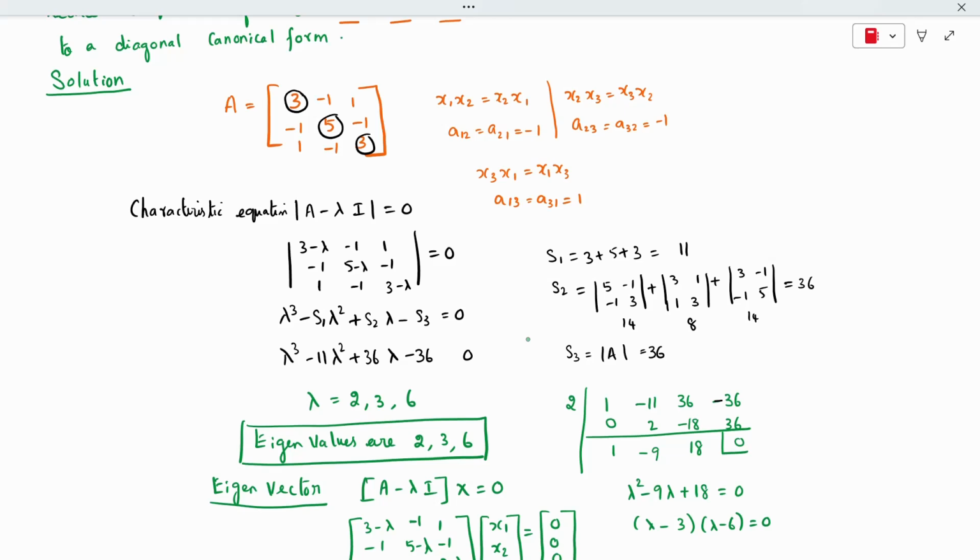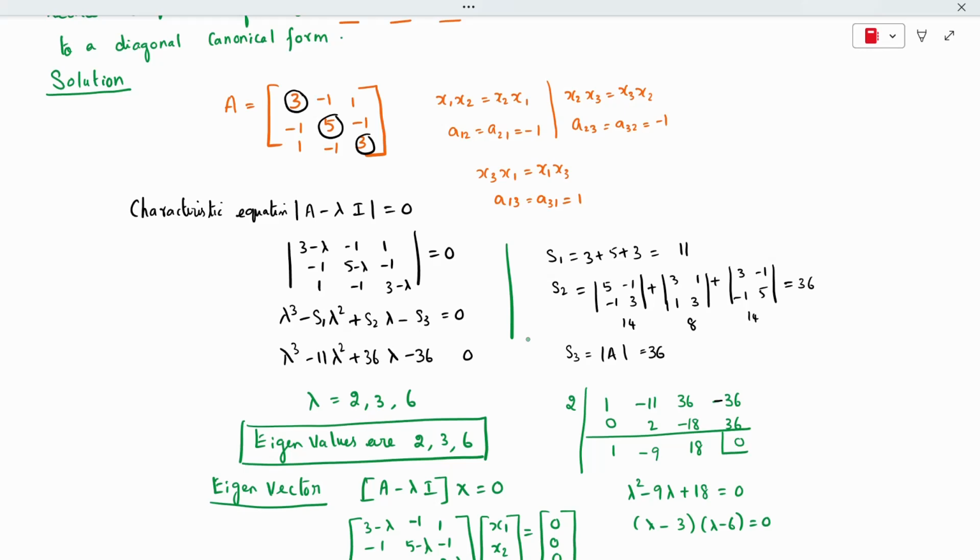Here S1 is 11, the sum of the diagonal elements. S2 is the sum of the minors of the diagonal elements, and I am getting 36. S3 is the determinant of A, using the calculator, and I am getting 36.